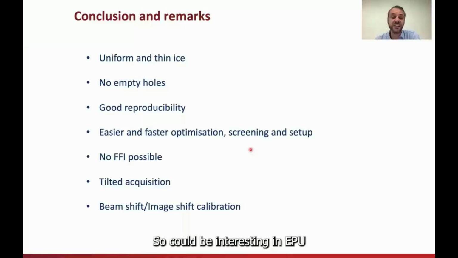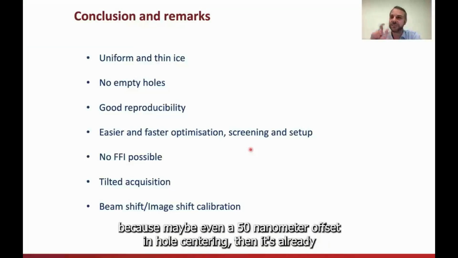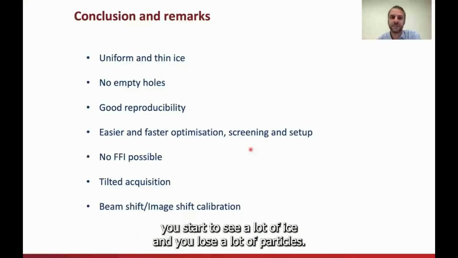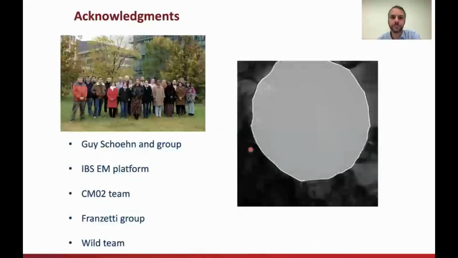So it could be interesting in EPU to have an option to reduce this shift in order to be more accurate, because even a 15 nanometer offset in hole centering, you start to see a lot of ice and you lose a lot of particles.